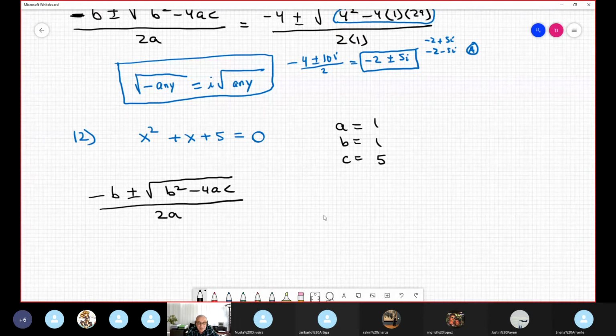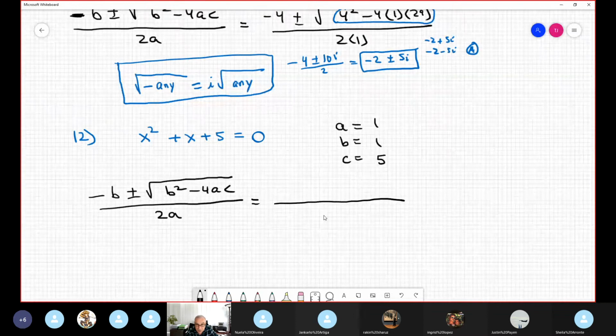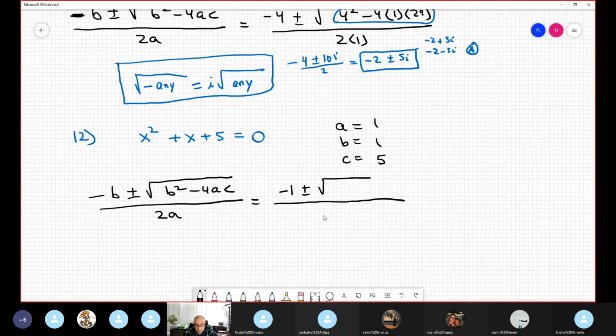Because, for example, in this example which is complex, or another example which is irrational, it's crazy or impossible to do by factorization. Okay? Well, so negative 1. You put the long line of the division, B is 1, so negative 1 plus or minus the square root of 1 squared minus 4 multiplied by 1, which is A, by 5, which is C, divided by 2 times 1.